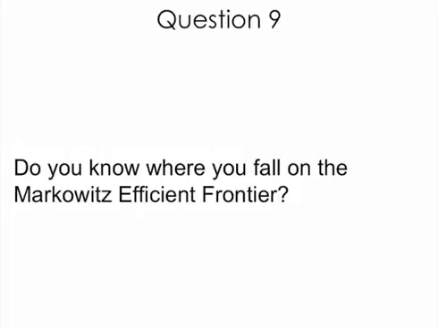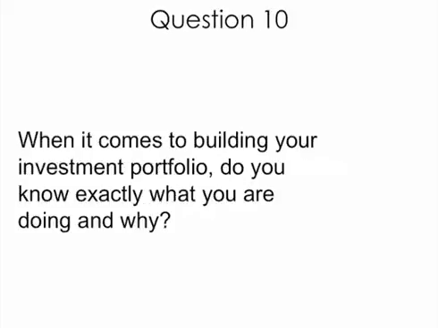To pursue successful investing, I think it's critical to know where you fall so you can measure your rate of return against the risks you're taking. And we talked about that in today's workshop from a little bit different angle. When it comes to building your investment portfolio, do you know exactly what you're doing and why?